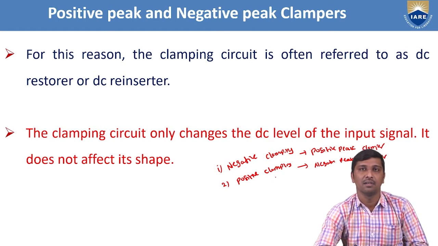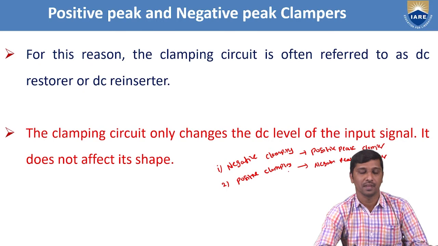In the input signal, the DC level, or the average value of the given input signal, is 0. But in the output signal, that average value will be shifted to either the positive portion or the negative portion, but it doesn't change the shape of the waveform.